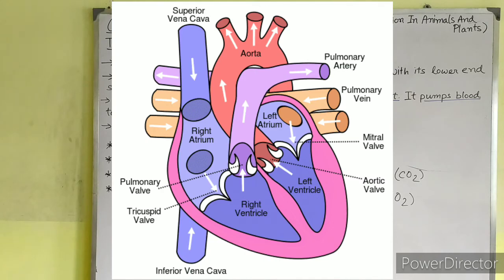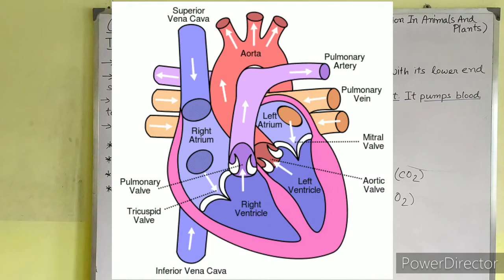The pulmonary trunk divides into the right pulmonary artery and the left pulmonary artery as shown in purple color, each of which carries the blood to the lungs for oxygenation.